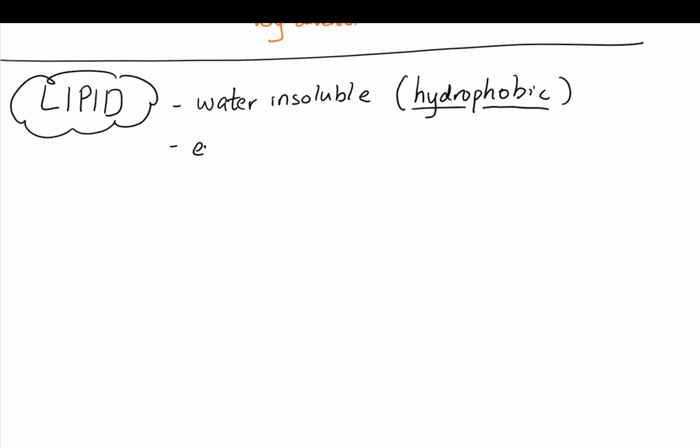It generally functions as some sort of energy storage, but there are specific lipids that work differently. But generally they are good energy storage and they are mainly made of carbon and hydrogen. That makes lipid very hydrophobic.